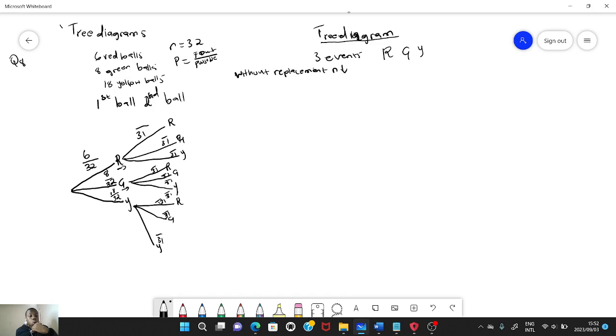Let me write these probabilities down clearly for you to be able to see, because some of you really complained. I'll just jot them down clearly.